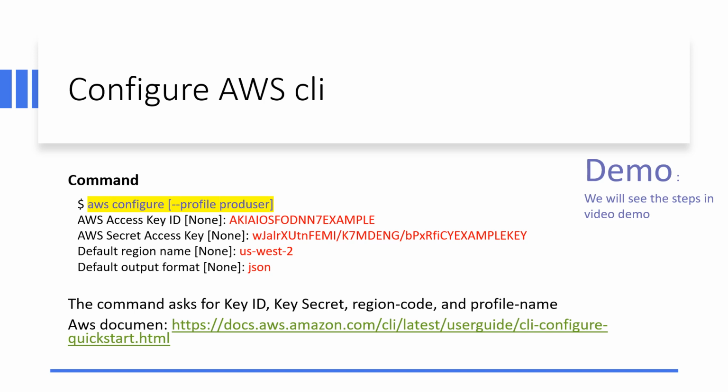This command, AWS configure, is for configuring a profile under your user data folders on your PC, on your laptop, anywhere that you configure it. You have the possibility to give a name to your profile. By default, the name is default, but of course you can give a name to it.